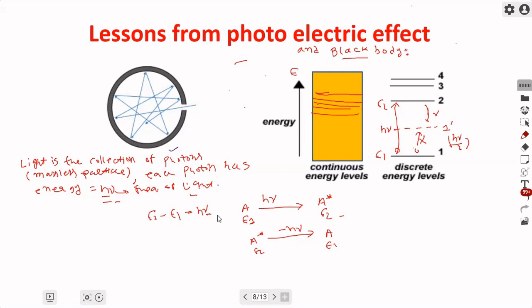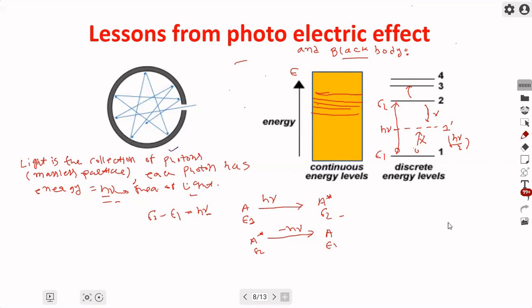So when the system wants to go from 2 to 3, as this energy gap is less than the 1 to 2 energy gap, a low frequency photon will be needed. From 3 to 4, the energy gap is again decreasing, so again a lower frequency photon is required.